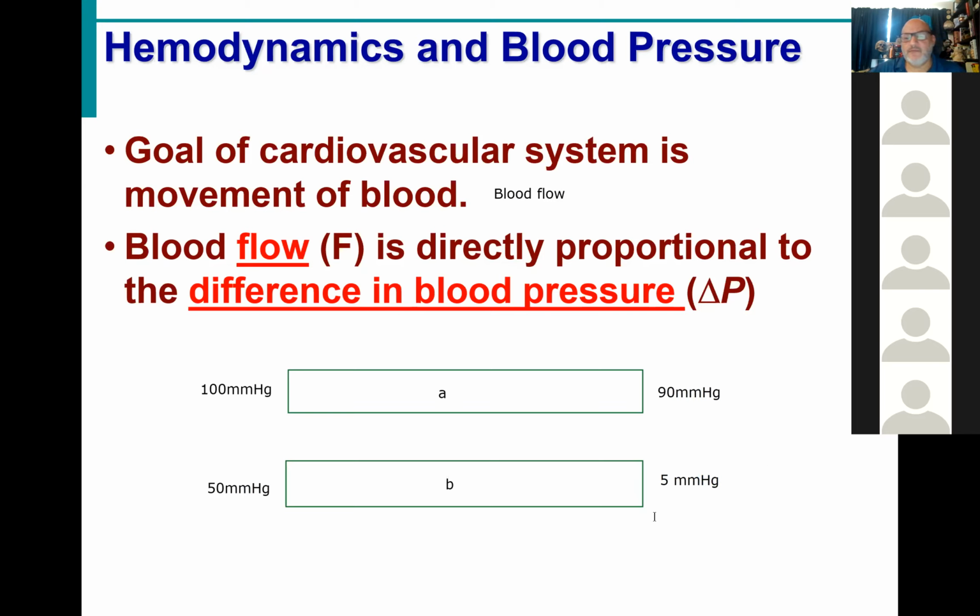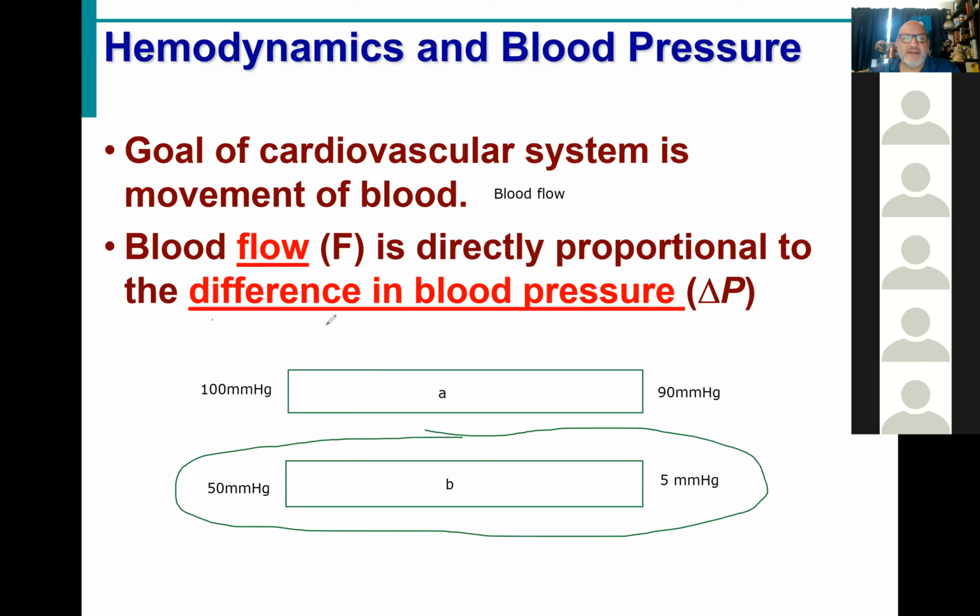B. B, absolutely, right? Because as we just finished talking about, it isn't the absolute pressure that matters. It's the difference in blood pressure, the delta P, the change between the two environments that determines how fast the blood flows.